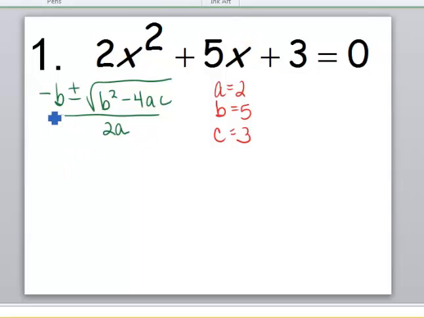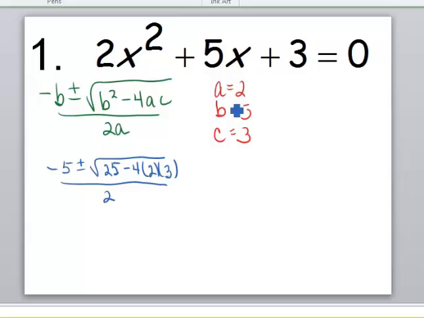So it's negative b, so I have a negative 5 plus or minus the square root of b squared, 5 squared. 5 times 5 is 25, minus 4 times a, which is 2, times c, which is 3. All over 2 times a, which is 2.